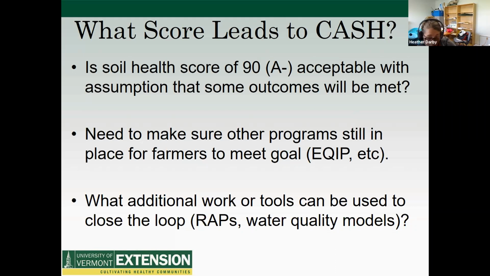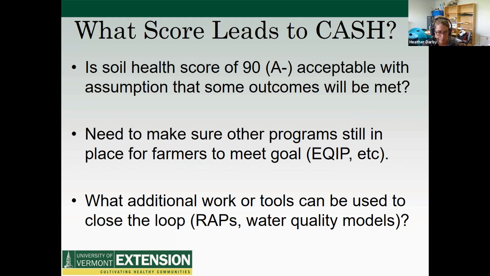In addition to that, other tools that could be used would be what I call water quality models, for lack of a better term, but this might be where a model like Farm Prep or RSET comes into play, okay? But again, it really depends how complicated we want to make this, how many moving parts, how many things to look at and evaluate do we want in the whole picture, okay?